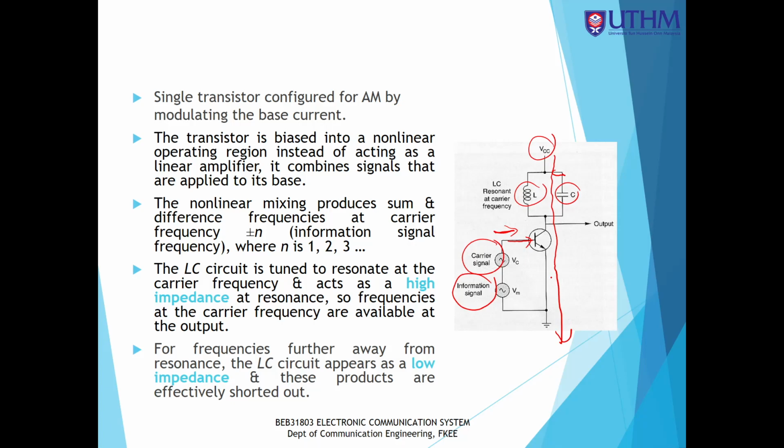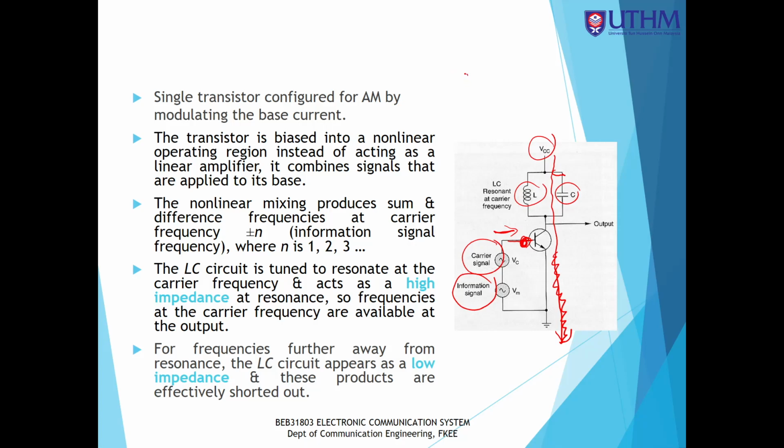However, when the current at the base is lower than the threshold limit, the transistor will be an open circuit and current cannot flow from the collector to the emitter.